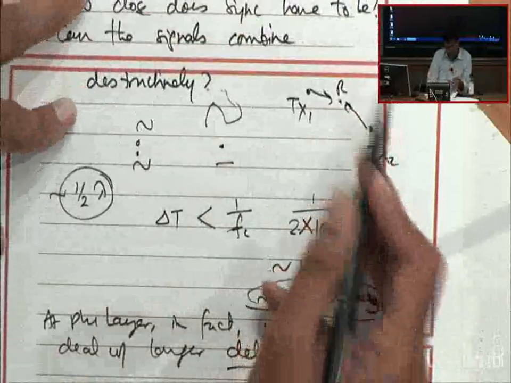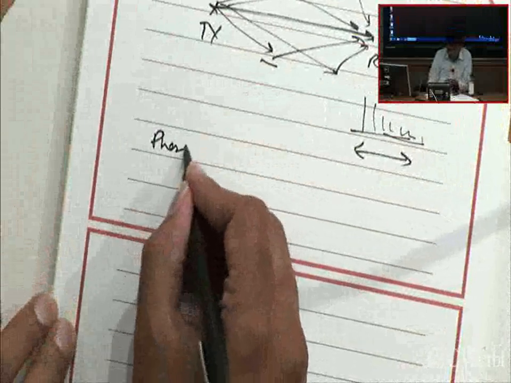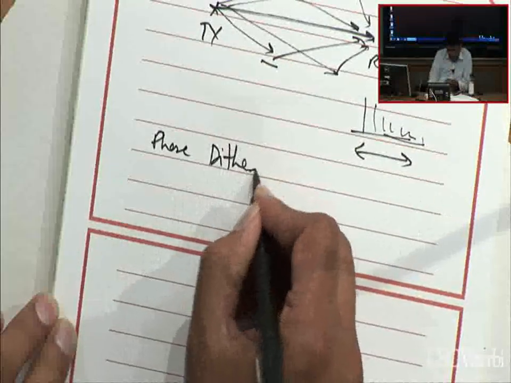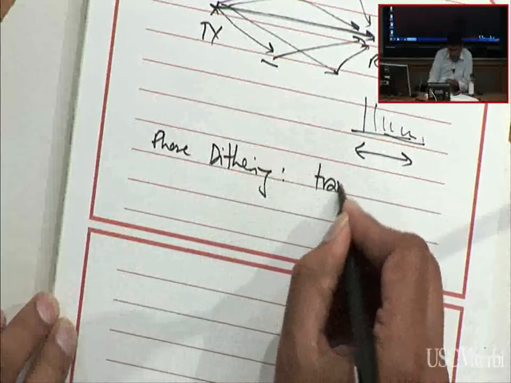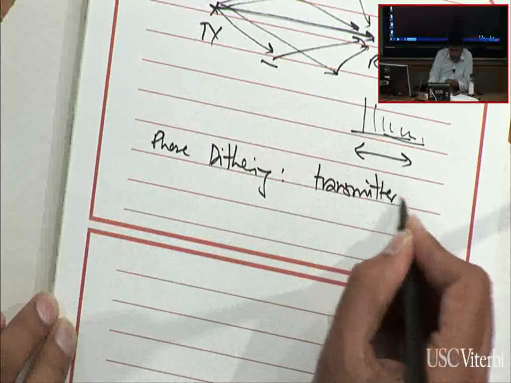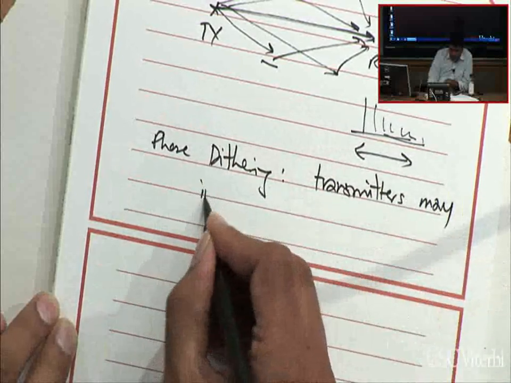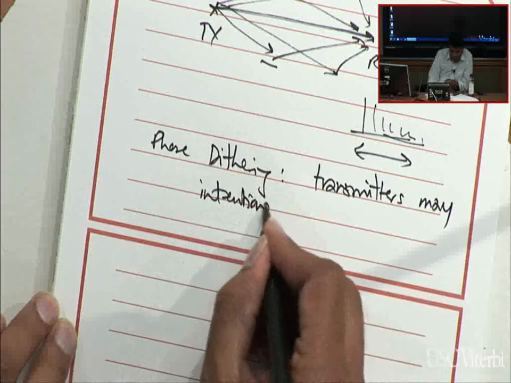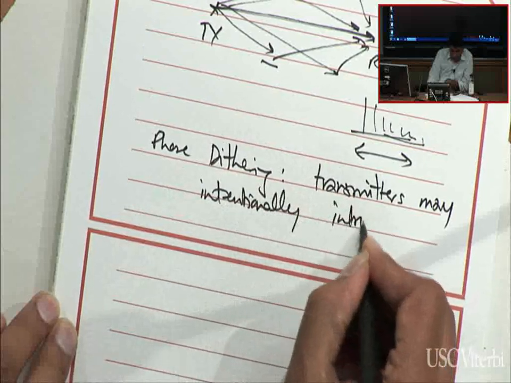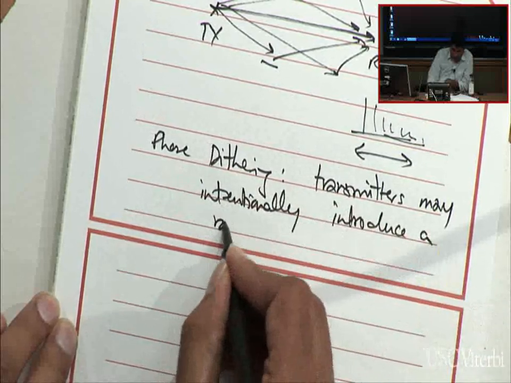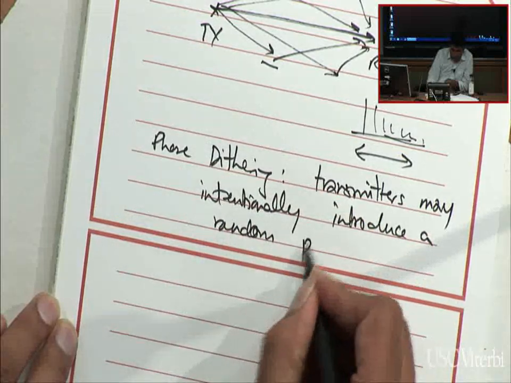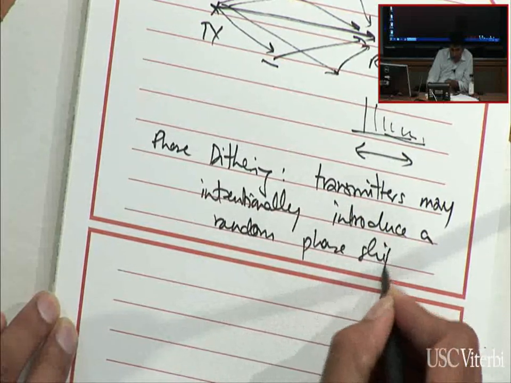So one way to deal with this issue that's used in the Trellisware radios, for example, is called phase dithering, which is that transmitters may intentionally introduce a random phase shift in the signal.